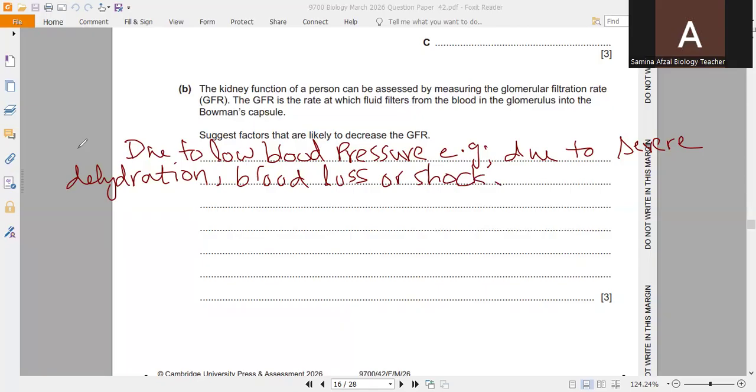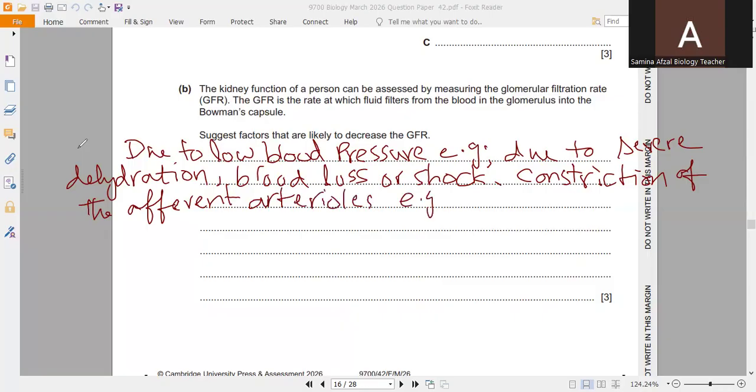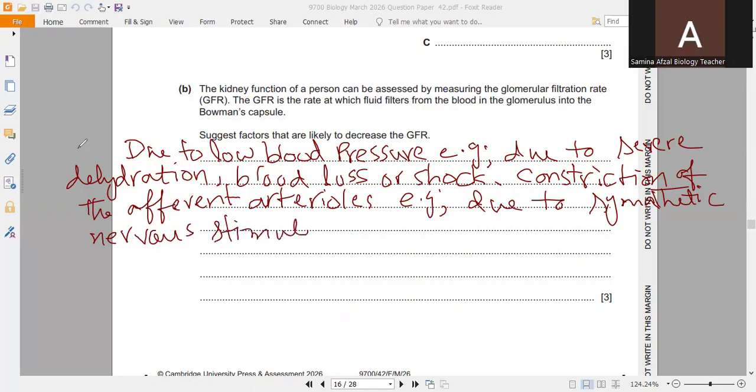Secondly, constriction of the afferent arteriole, which can be due to sympathetic nervous stimulation.